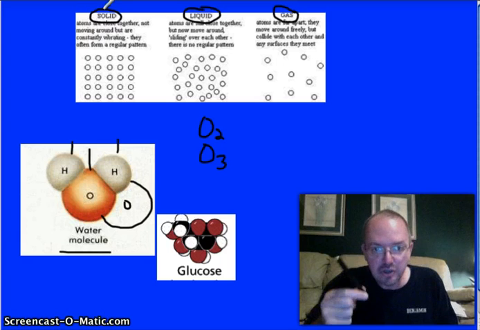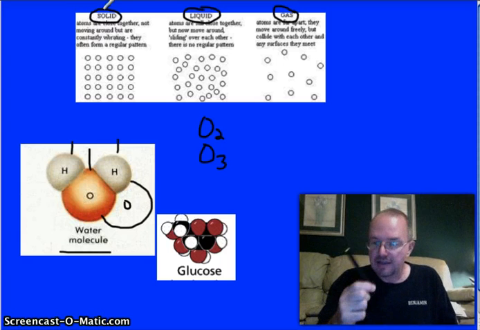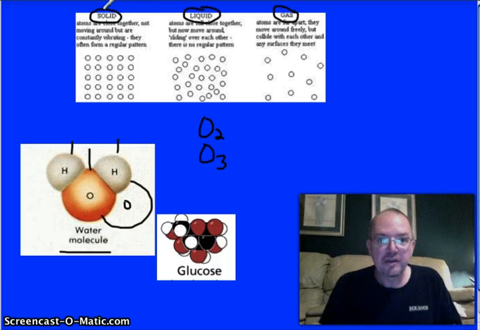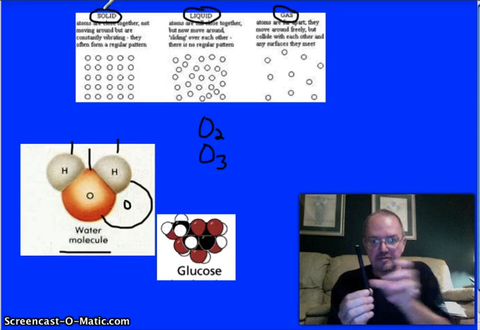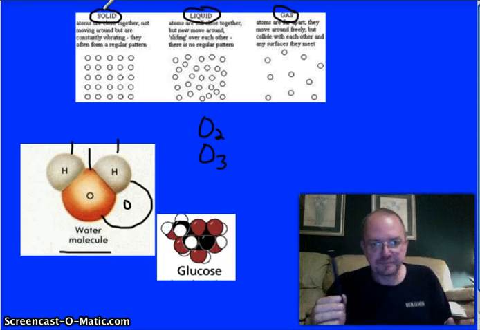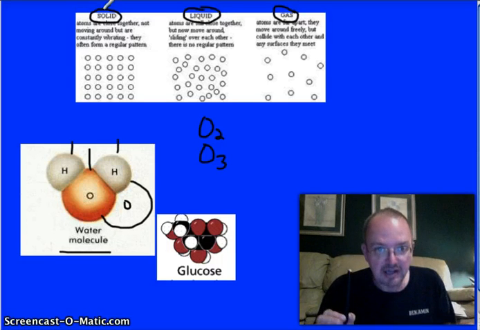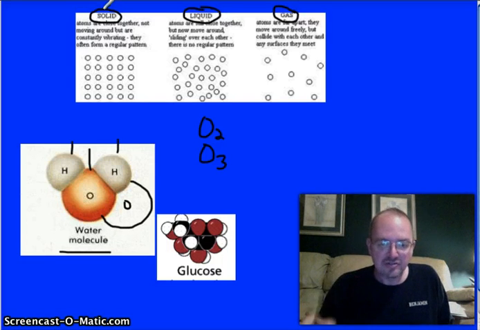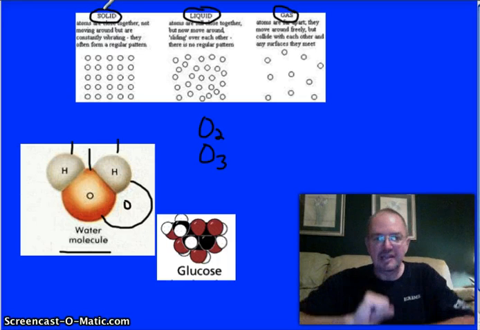The pencil in your hand, same thing. The atoms in there are moving. They're vibrating. You just can't tell. And they form a regular pattern. That makes it a solid something. It's not by definition liquid or gas, but the solids actually have constant movement in them.